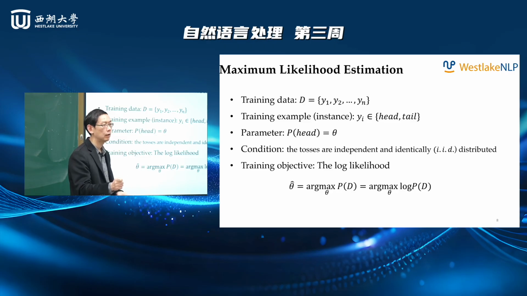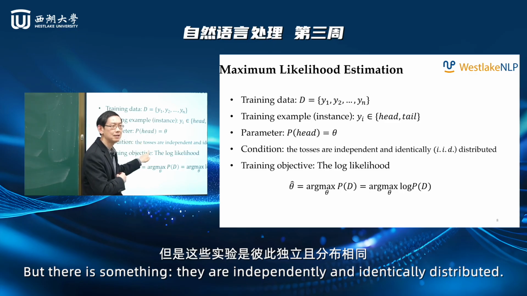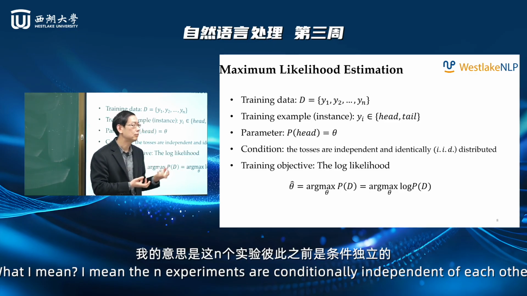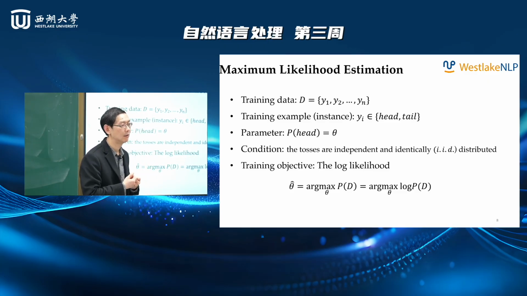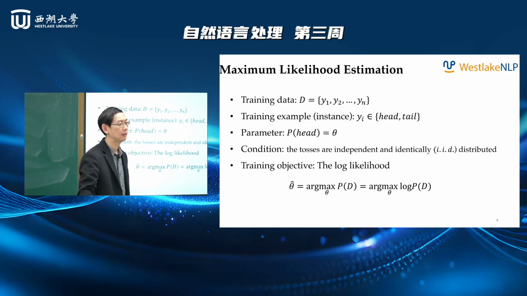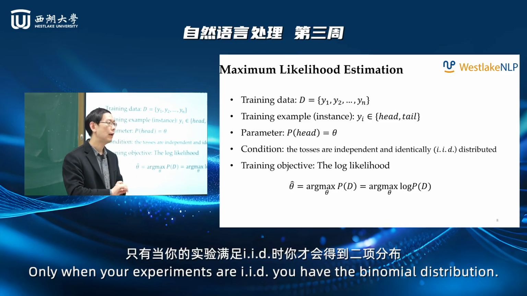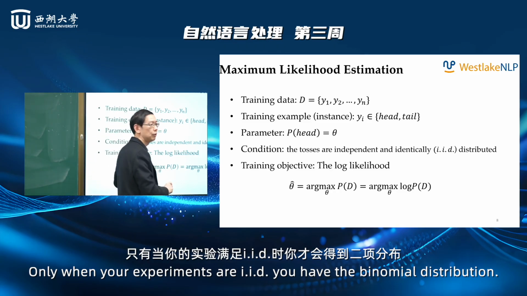But they are independently and identically distributed. I mean, the n experiments are conditionally independent of each other, and every time the Bernoulli experiment has the same distribution. This is called IID.